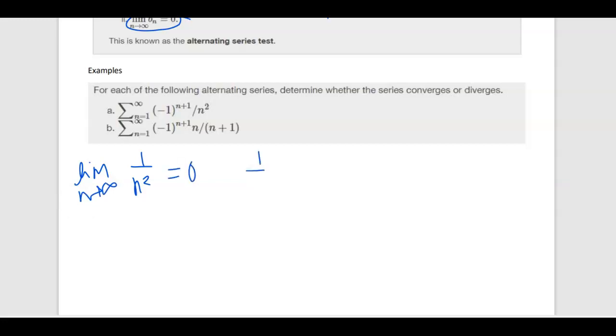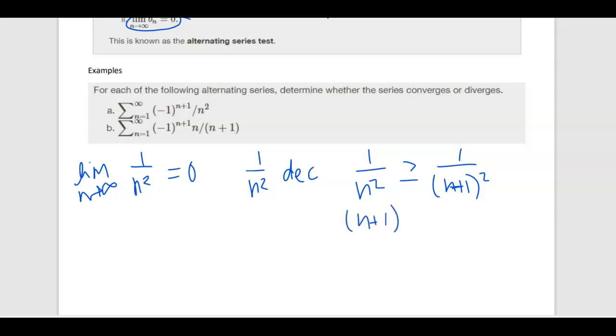It is always a decreasing term, meaning 1 over n squared is bigger than 1 over n plus 1 squared. And you can show that with cross multiplication, really: n plus 1 squared is greater than or equal to n squared, or the reciprocal rule, and you flip the sign. So therefore, I know this converges by alternating series.